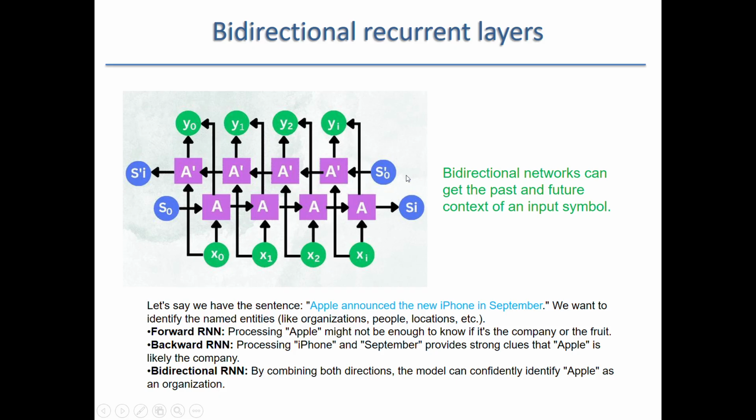So you have now two chains of states and outputs, one coming from left to right, another coming from right to left. The output that you use is a mixture of the states and the outputs of the left to right and right to left. These are called bidirectional recurrent networks.